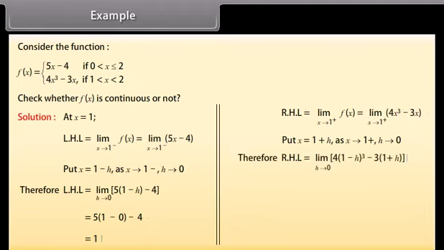Therefore, right-hand limit is equal to limit h approaches 0 of 4(1 + h)³ − 3(1 + h), which is 4(1 + 0)³ − 3(1 + 0) = 1. f(1) = 5(1) − 4 = 1.